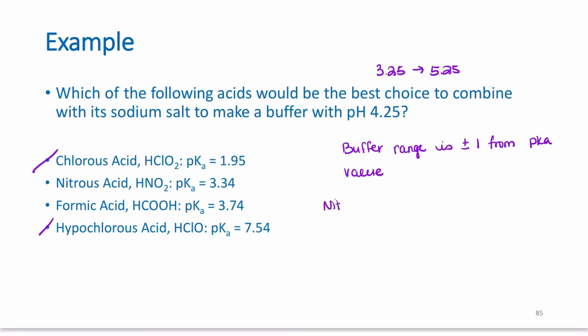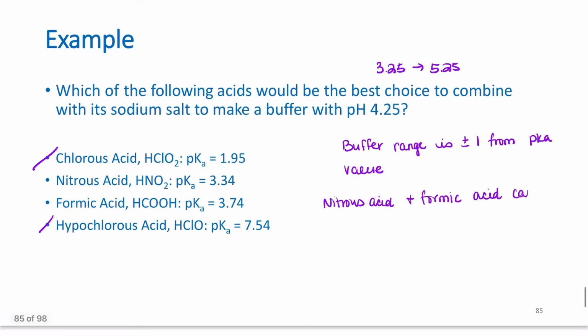So nitrous acid and formic acid can reach a pH of 4.25 buffer. I keep forgetting that too. I don't know why, but I do. Within 1 pH unit. But it's on the limits to be able to pull this off for nitrous acid.